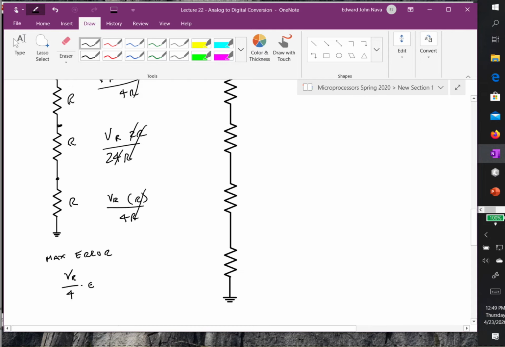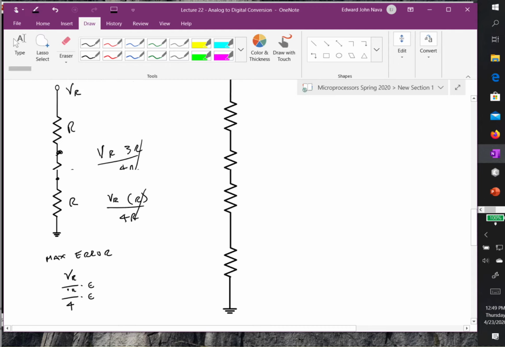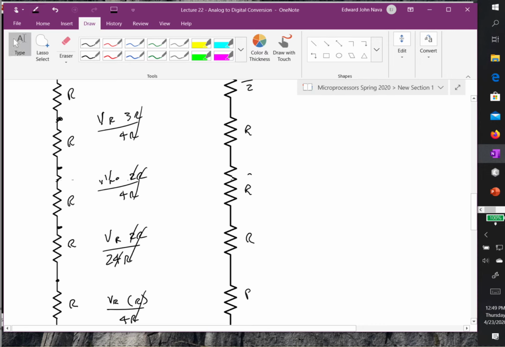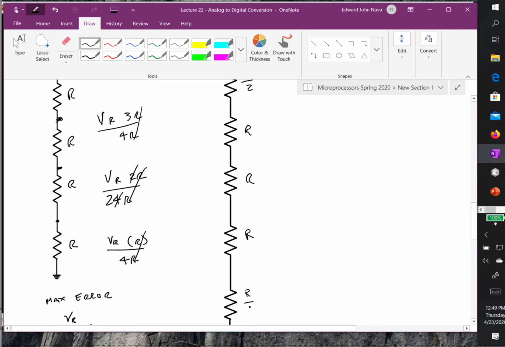Okay? So there's actually a better strategy, and what we're going to do is the following. So this is R over 2. Here's R, R, R, and this is R over 2. So now I have the same total resistance.